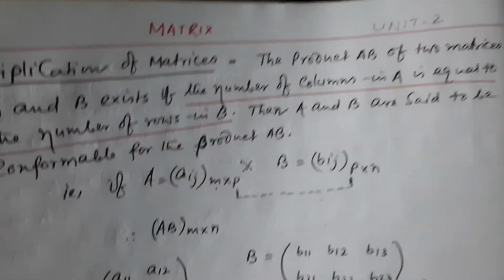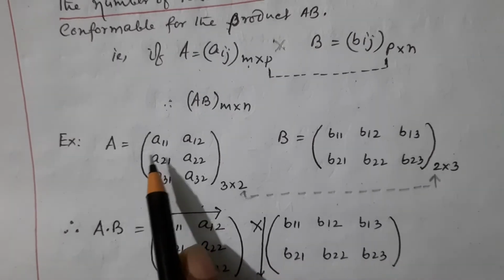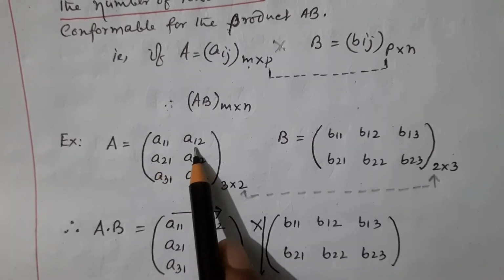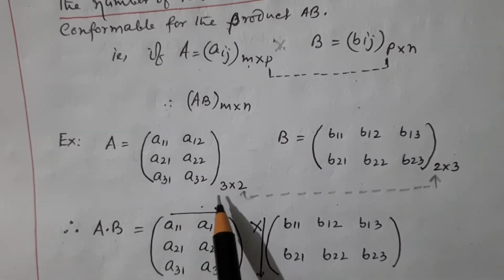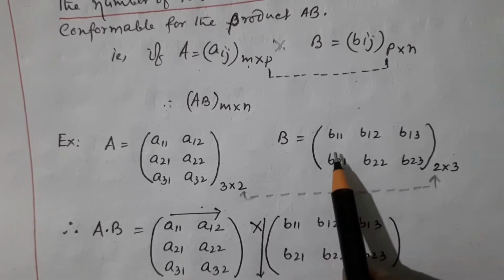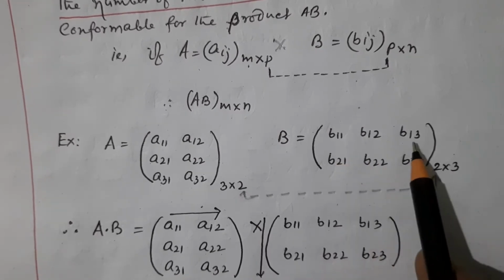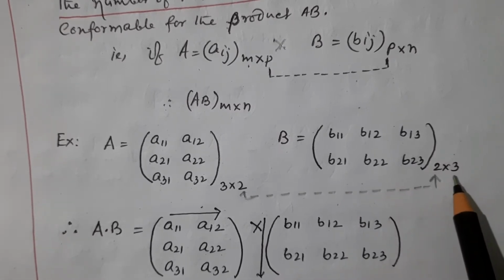Consider an example. Let A equal A11, A12, A21, A22, A31, A32. This is a 3 cross 2 matrix. And B is another matrix, Bij, that is B11, B12, B13, B21, B22, B23, a 2 cross 3 matrix.